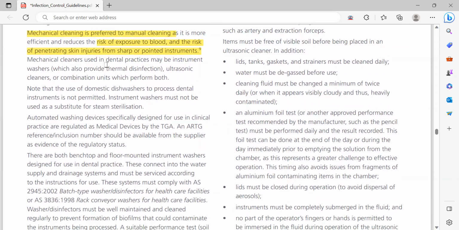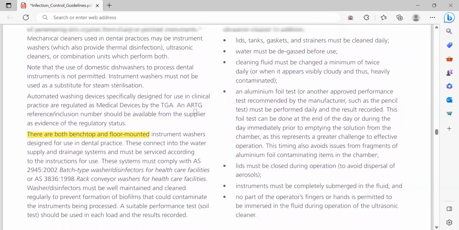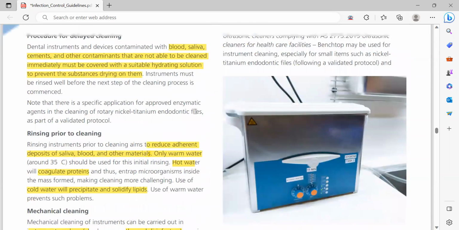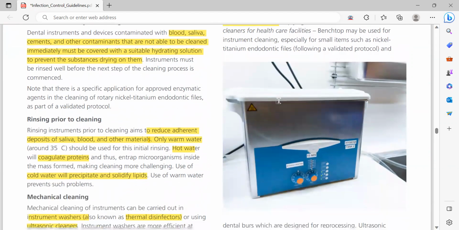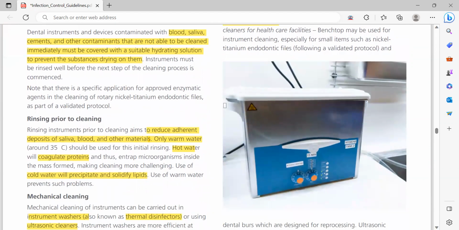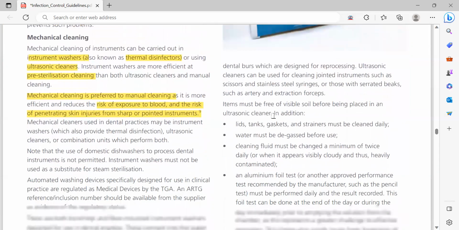The mechanical cleaners used in dental practices may be an instrument washer or ultrasonic or any combination, with automated washing devices specifically designed for use. There are both bench top and floor models. It is not very important; you just need to know that the ultrasonic cleaner and the instrument washer are the two options we have for mechanical cleaning.